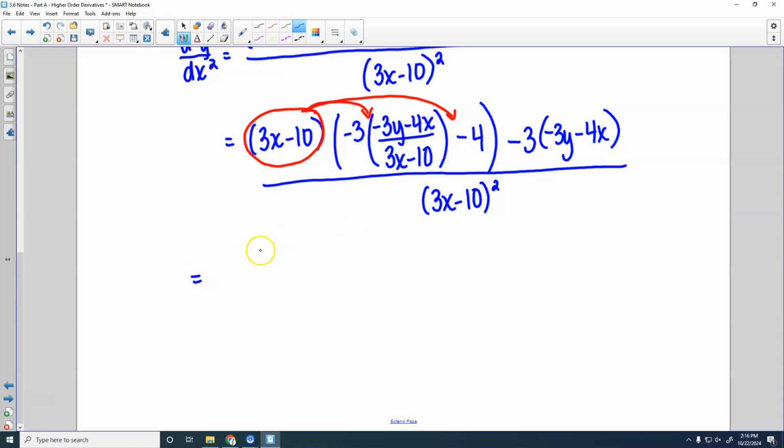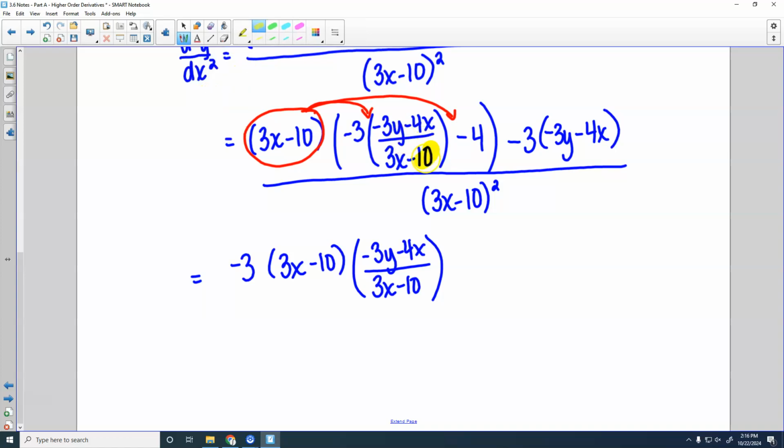You would have, I'm going to put negative 3 first, times 3x minus 10, times negative 3y minus 4x over 3x minus 10. So I'm taking this stuff, which is found here and here, and I'm multiplying it by this, right?